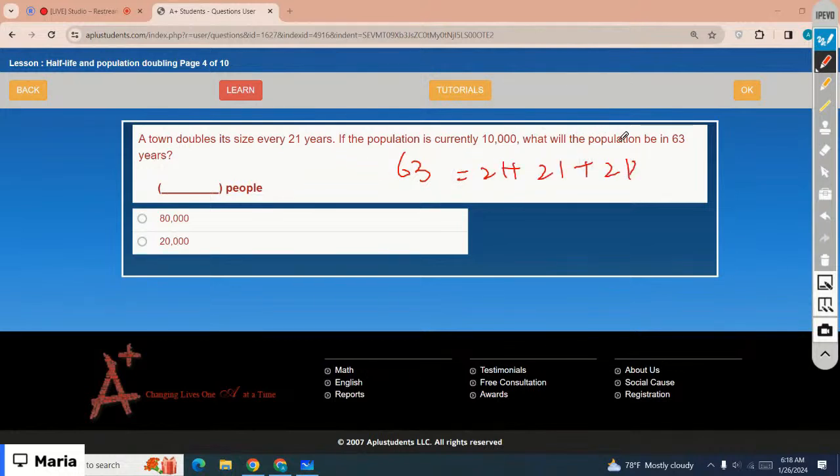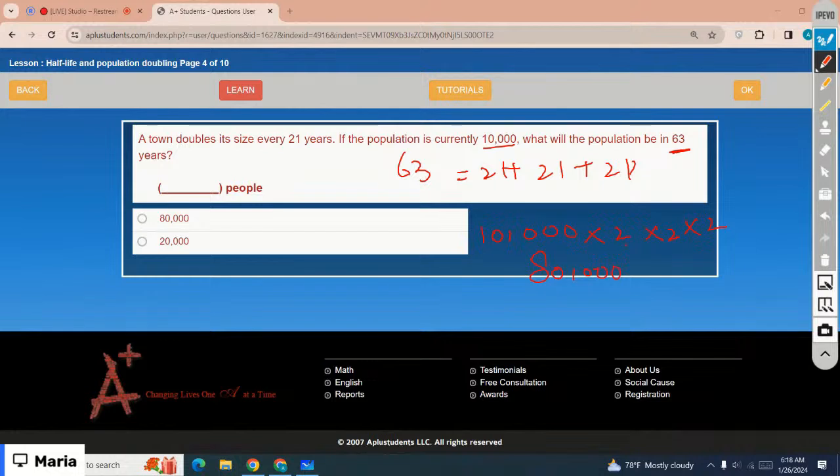That means until 63 years it doubles 3 times, right? So currently it is 10,000. You have to multiply by 2, that is the first double, 2 the second double, and 2 the third double. So 2 times 2 is 4, and 4 times 2 is 8, and 10,000 times 8 is 80,000. Got it?